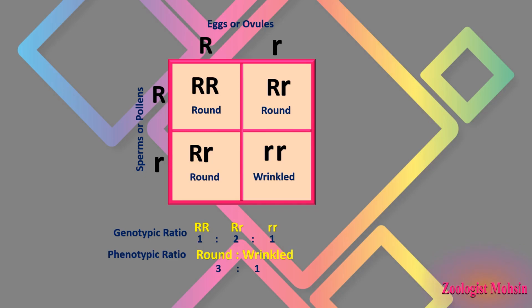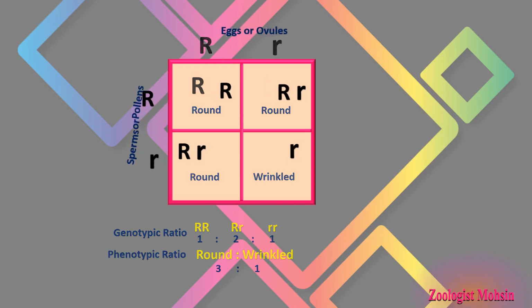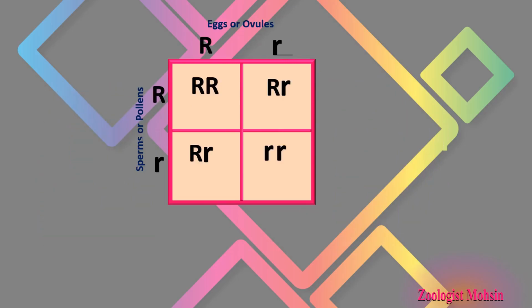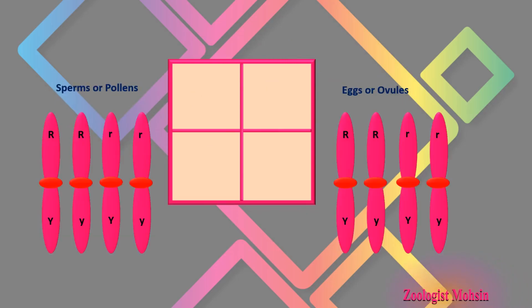This kind of cross is termed a monohybrid cross because we have taken a single allele present at a single locus on a chromosome. Now for a dihybrid cross, we take 2 alleles present at 2 different loci on our chromosomes.